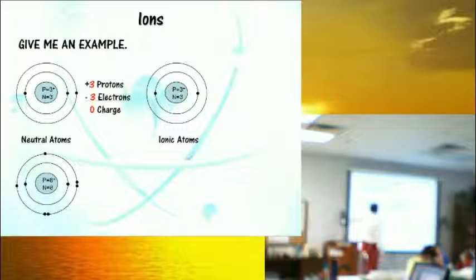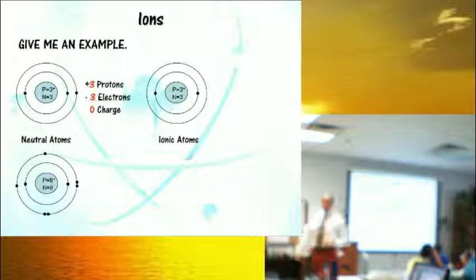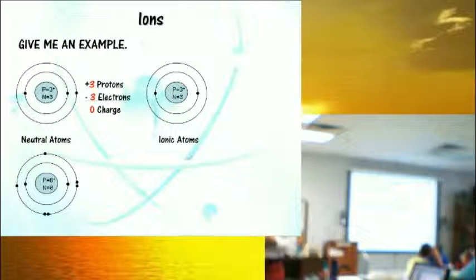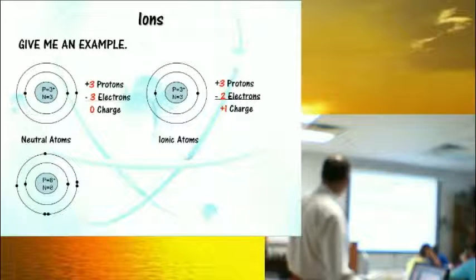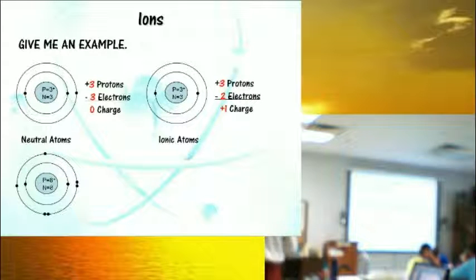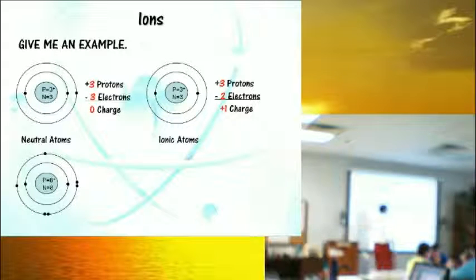Now, let's say that this little electron on the outside wants a partner and it finds somewhere to go. What is it going to do? It's going to leave. So now we have only 2. So now we have 3 protons, which are plus, and only 2 electrons, which are minus. 3 minus 2 is what? 1. So now we have something that has a 1 charge. So this atom is no longer neutral.